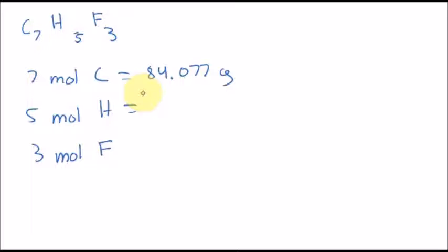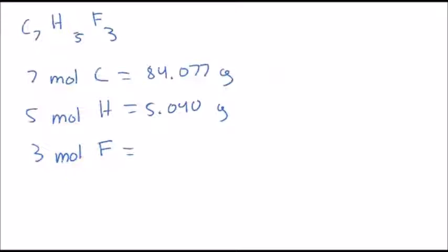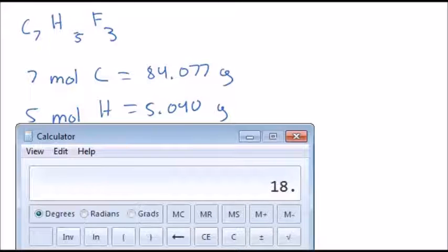You can figure that out on the periodic table. So 5 moles of hydrogen is going to have a mass of 1.008 times 5, which is 5.040 grams. And finally, 1 mole of fluorine will have a mass of 18.998 grams. So 3 moles of fluorine, we can just multiply that, 18.998 times 3, and that's 56.994 grams.